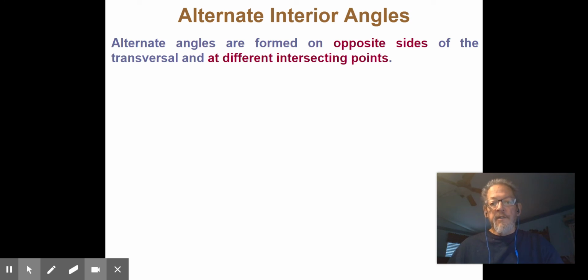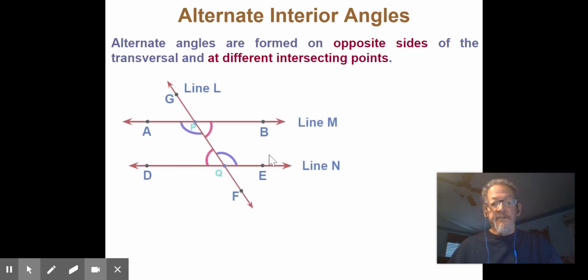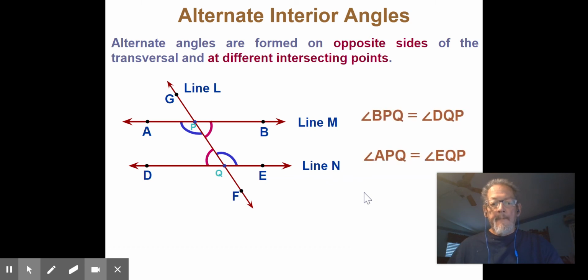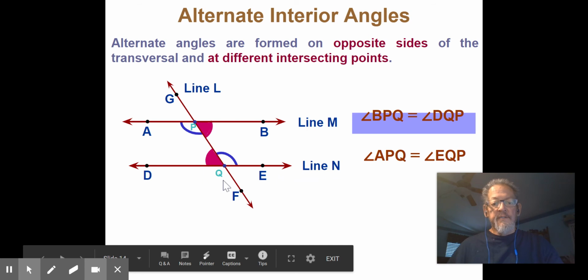Alternate angles are formed on opposite sides of the transversal and at different intersecting points. Remember, you have to have two sets of points, one on each of the parallel lines. So those are alternate interior, they're congruent.